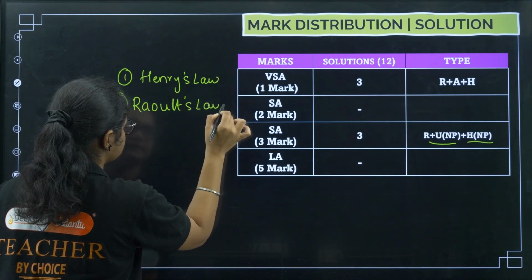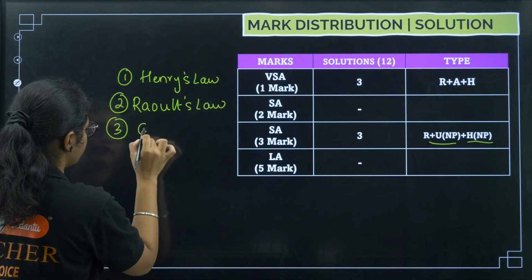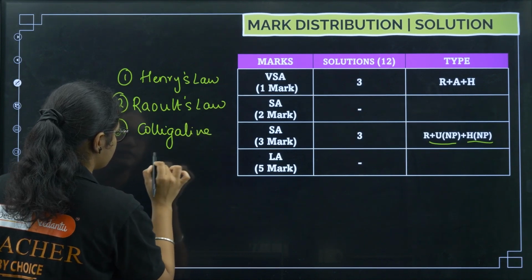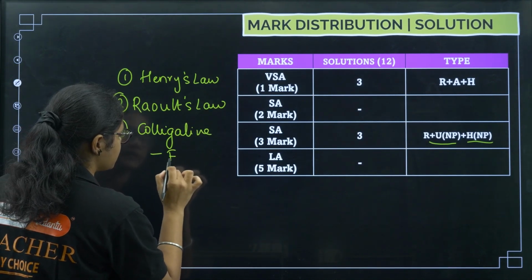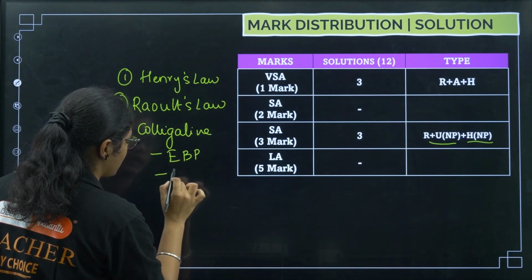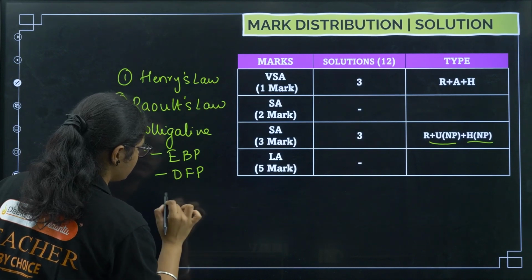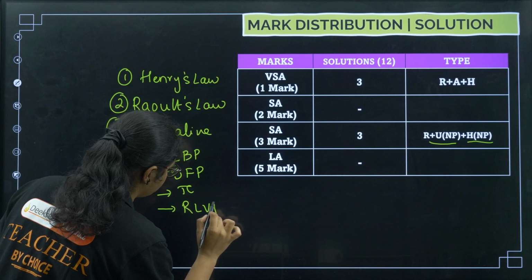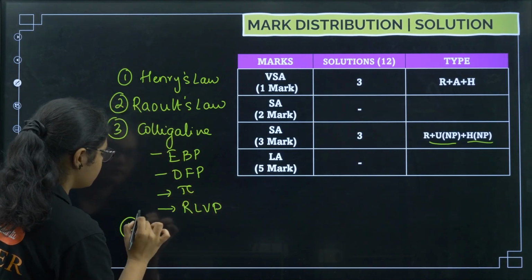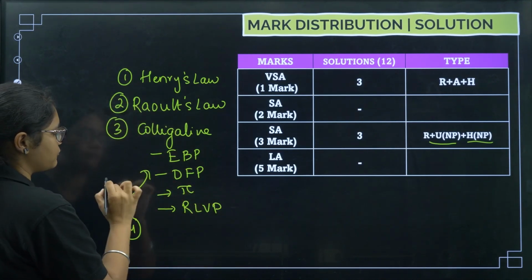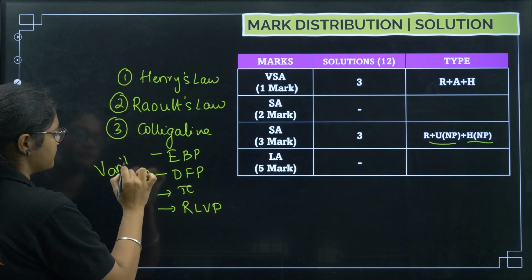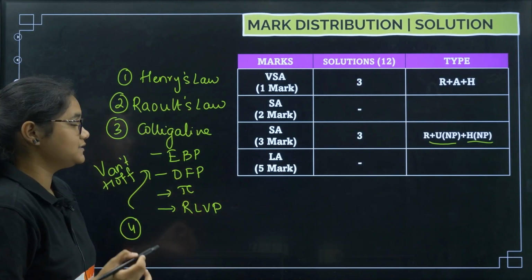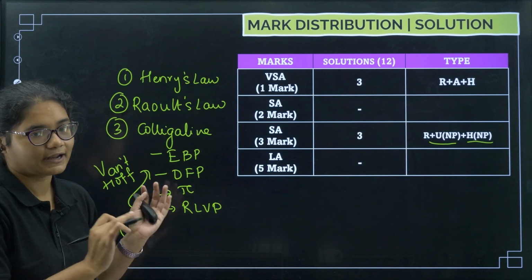Next you can get from colligative properties, all the 4 colligative properties, that is elevation in boiling point, depression in freezing point, osmotic pressure, and relative lowering of vapor pressure. And next one will be related to colligative properties only, but using the Van 't Hoff factor. Okay, so these are the probable sectors from where you can get the numericals.